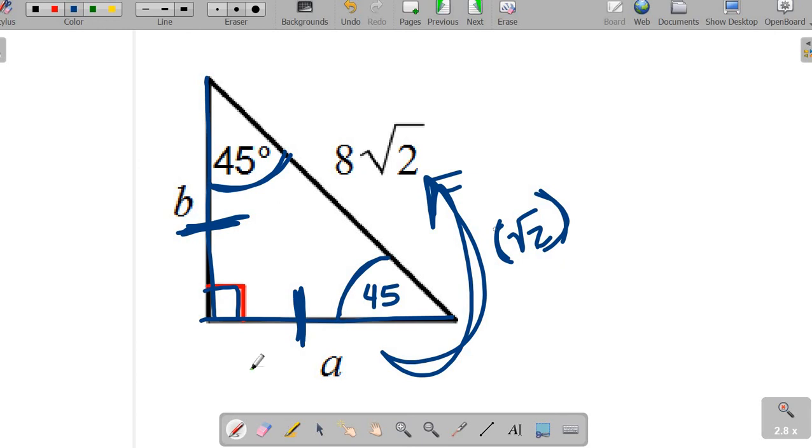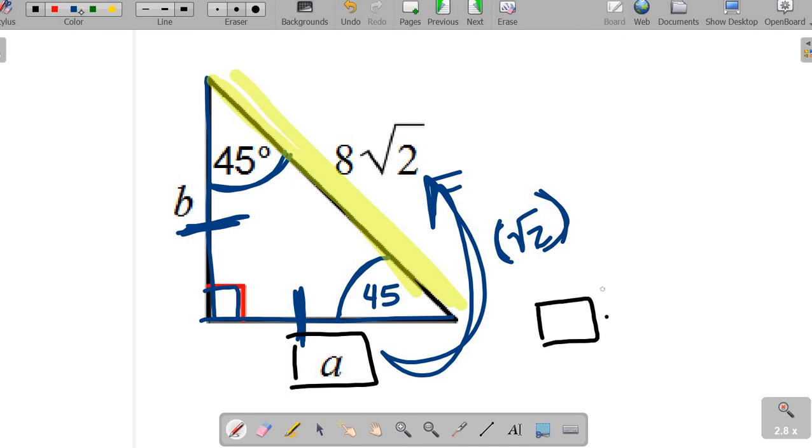So take a look here. In this case, we've been given the hypo. So we're asking ourselves this: what times root 2 is 8 root 2? Watch carefully.